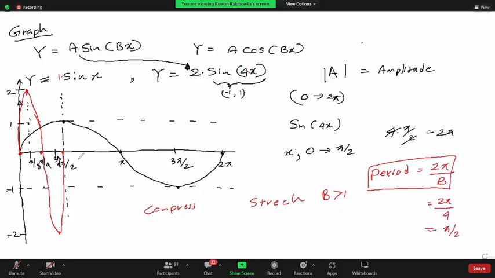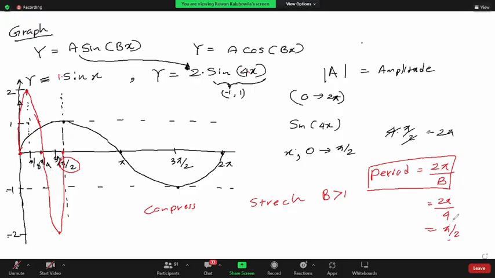That is the thing I identified at first using a different method. The original sine plays from 0 to 2 pi, but to complete a full cycle of this equation inside the sine expression, you only need to play 0 to pi over 2. So the period is pi over 2.